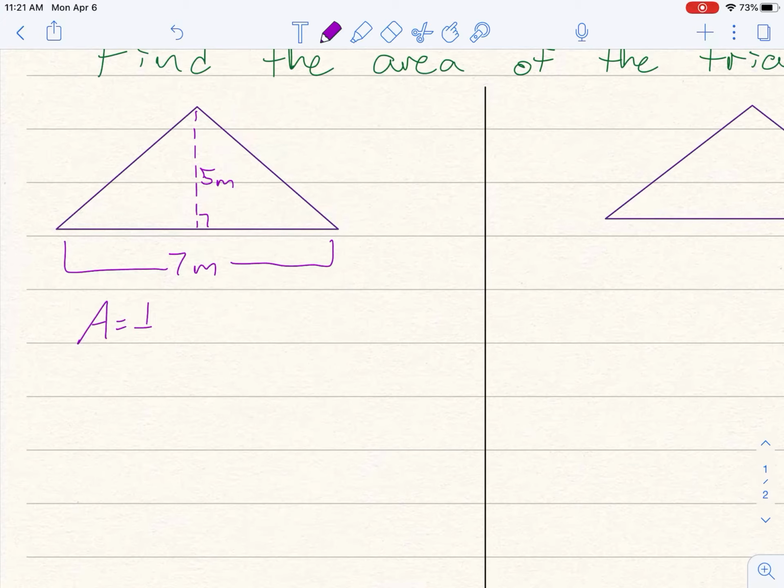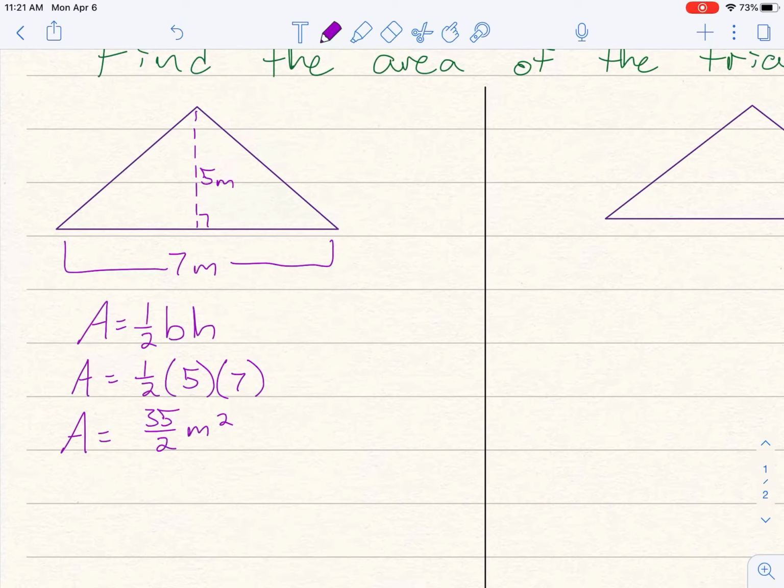So if we're using that formula, area is equal to 1/2 base times height. Then my area is 1/2 of 5 times 7. So my area is 35 over 2 meters squared, which is also equal to 17.5 meters squared.